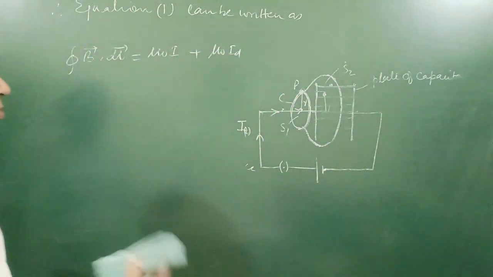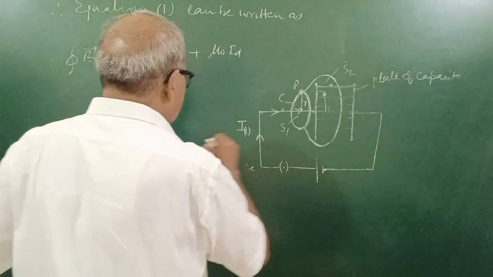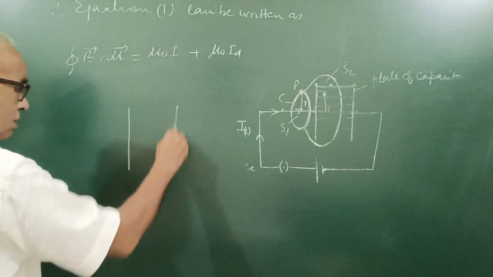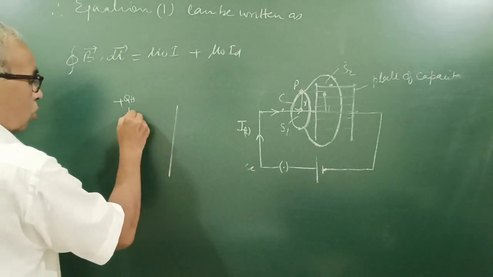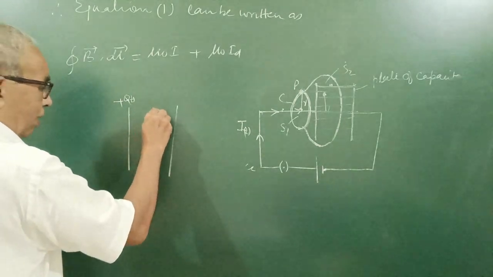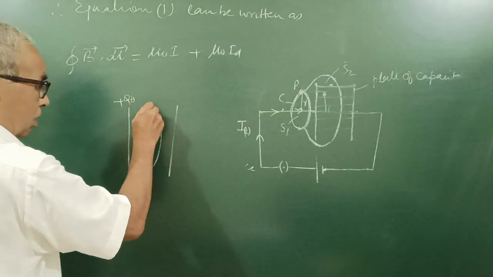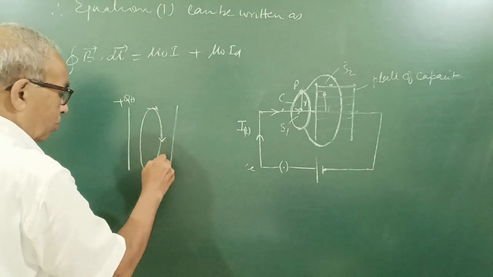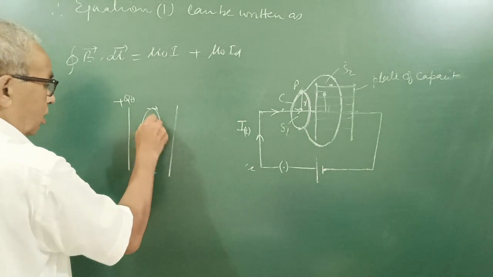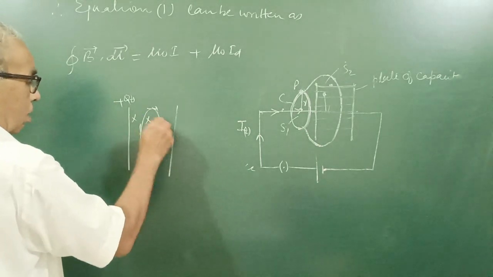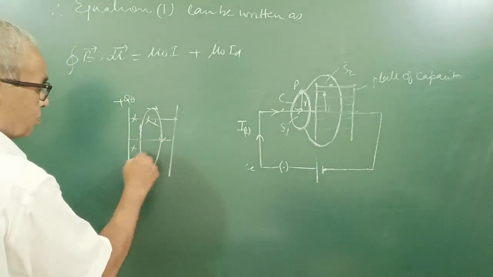Okay, now see here one thing more. If I consider here another figure, charge Q at an instant here, so the electric field is this way. If I consider a loop here, then the magnetic field is along the tangent at every point, and the electric field is, cross, means left to right.